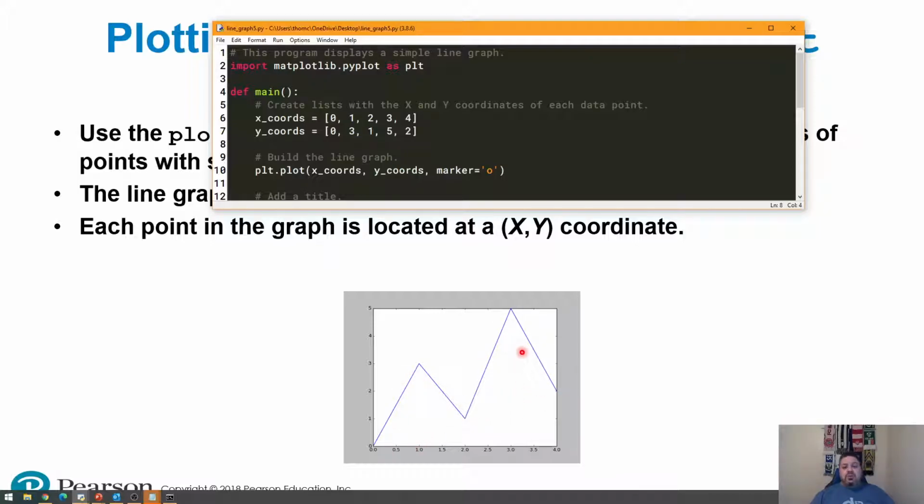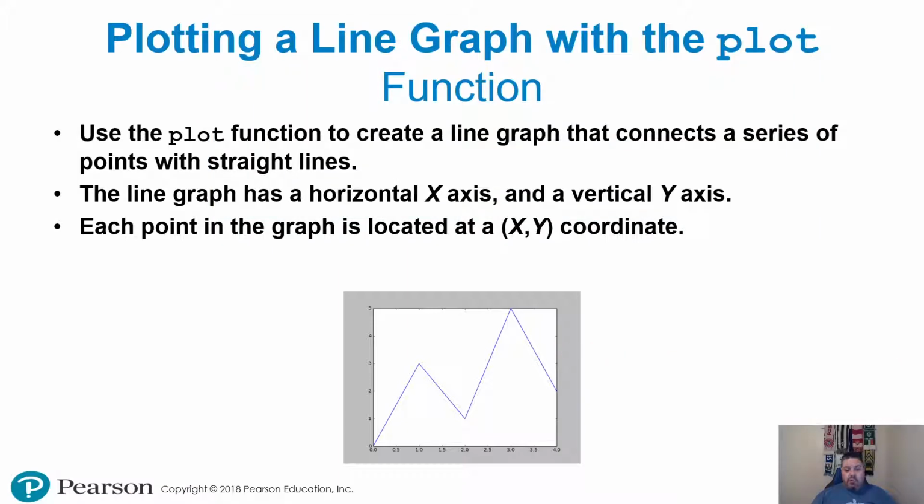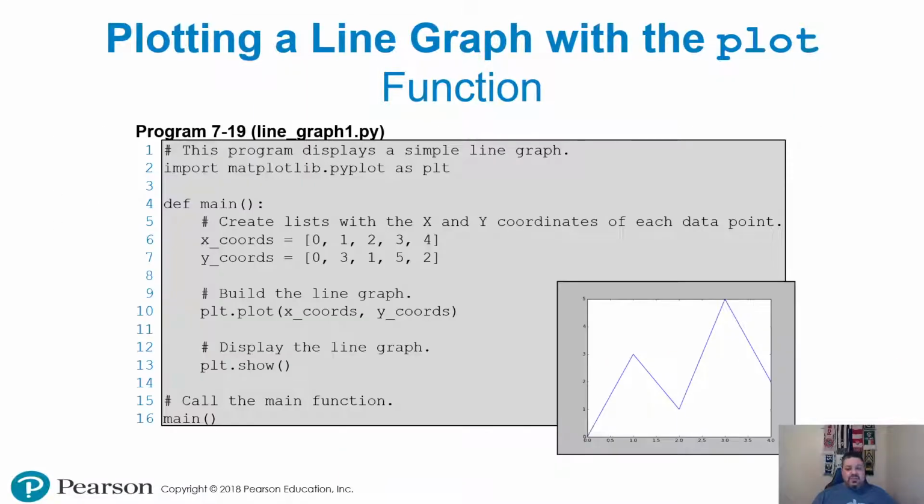Okay? And so when you go through this, there's a program in your book, program 7-19 as the examples go, in the very last section of chapter 7. It's a very simple set of commands here. Again, you import your library and you give it the shortcut name plt. And in your main function, all we're going to do is give it some x coordinates. Again, these are a simple list of x coordinates and a simple list of y coordinates.